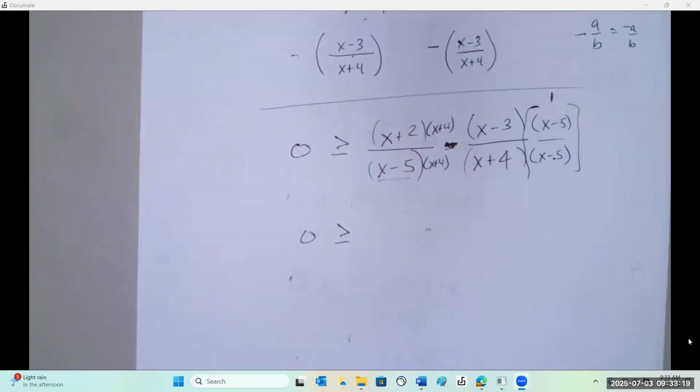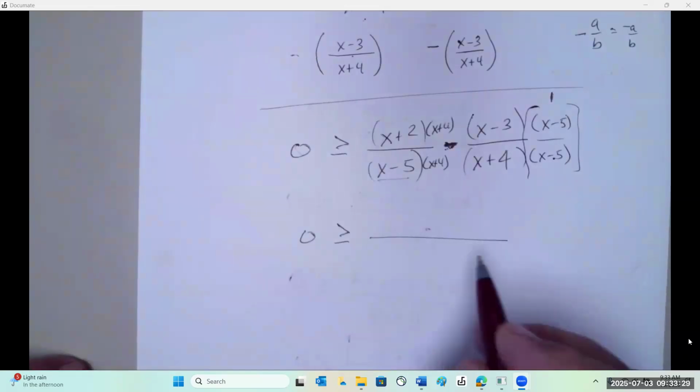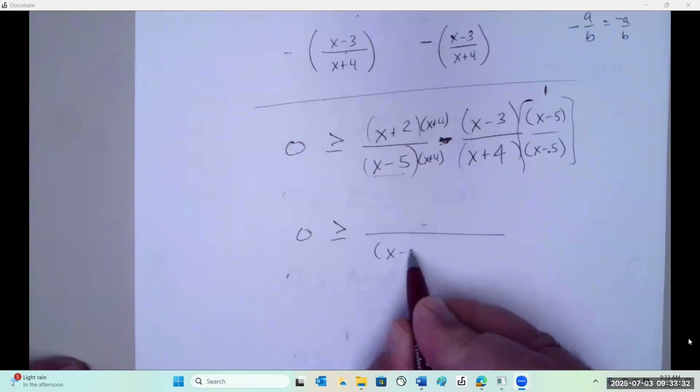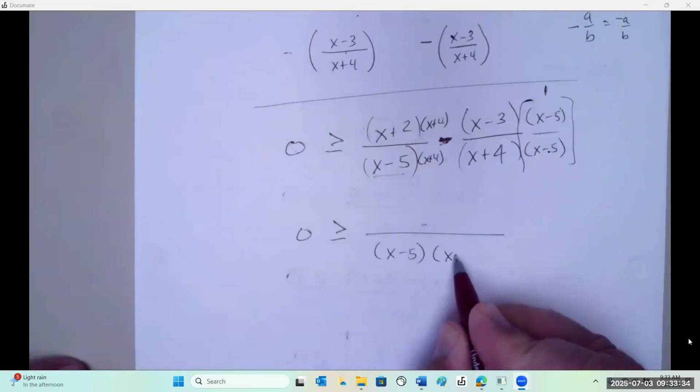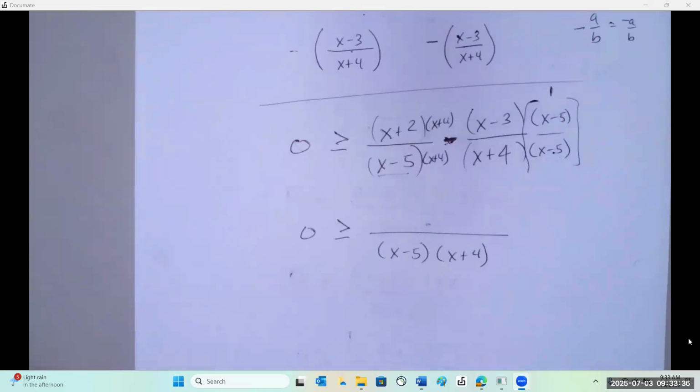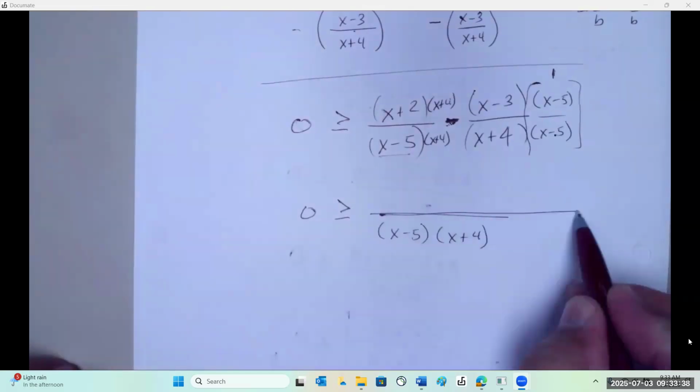That's the reason whenever you multiply something, it has to be over itself, because I'm multiplying by 1. You're making them all the same value. So it's very important. You cannot change the numbers. You just change the way they look. So now on the bottom, we have x minus 5, x plus 4. We have a common denominator on the bottom.